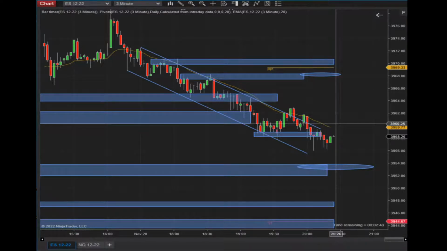I don't like to be in a trade for very long. Typically, it's probably less than 15 minutes at the max, but it's only in a situation where I have a runner. Now, if I have a runner, then I'll be in for however long it takes before it takes me out.